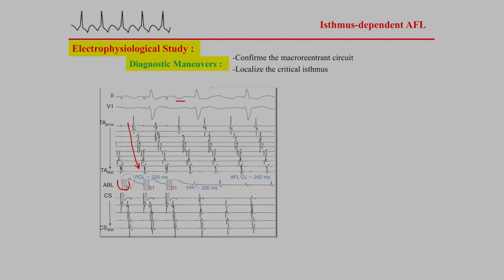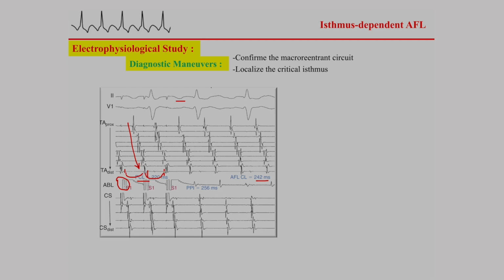So we start a rapid pacing with a cycle length 10 to 30 milliseconds shorter than the tachycardia cycle length. The first thing we need is to have entrainment, which means capturing and advancing the atrial activity, and that is what we are seeing here.